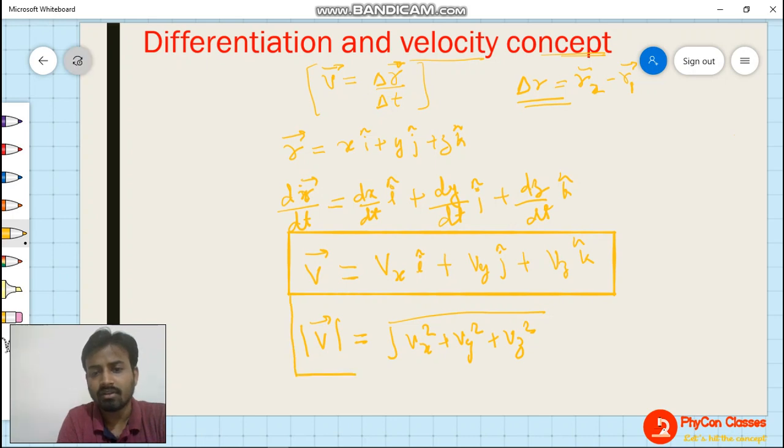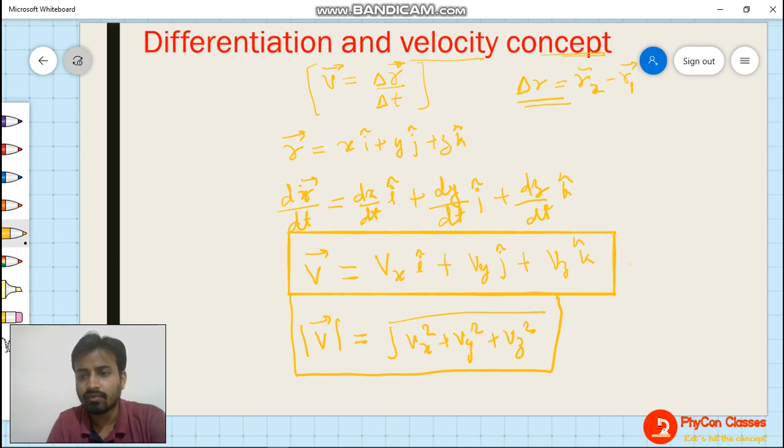Now the important thing that I need to discuss here is, through these formulas, we got to know that if you have a displacement vector in x, y and z format, then if you differentiate the coefficient with i with respect to time, you will get the velocity in x direction.